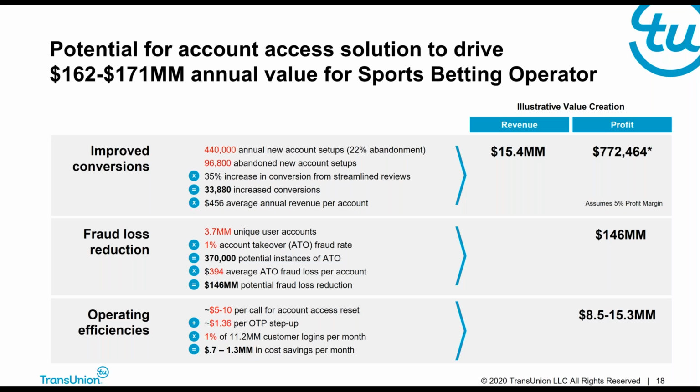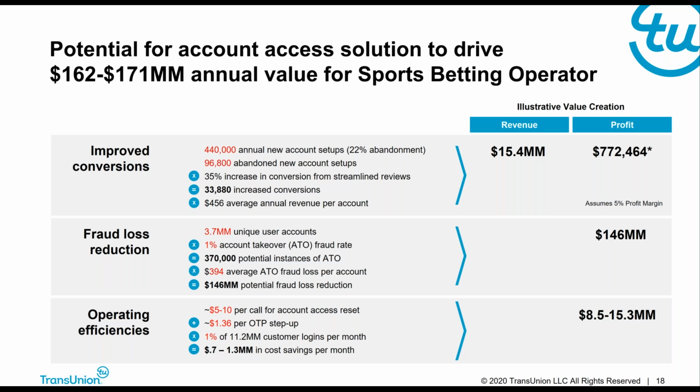for that top line there, improved conversions, they were seeing about a 22% abandonment rate. So looking at how they could streamline their reviews, streamline that onboarding experience, estimated a 35% increase in conversions.